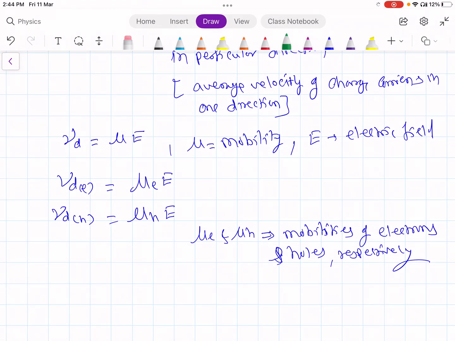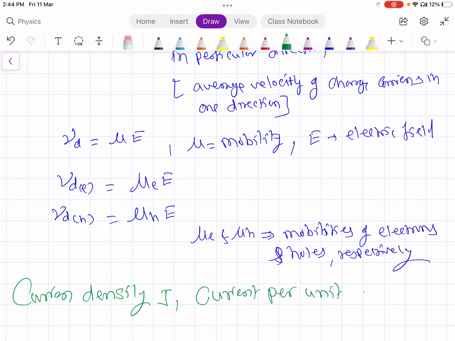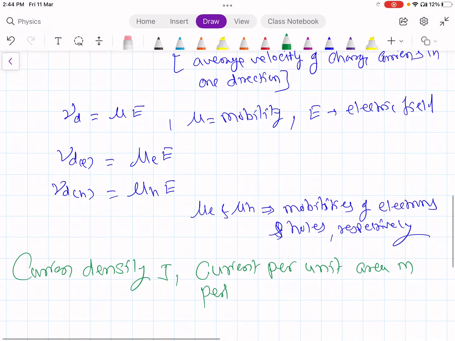Okay, now define the current density. Current density J is nothing but current per unit area in a particular direction.